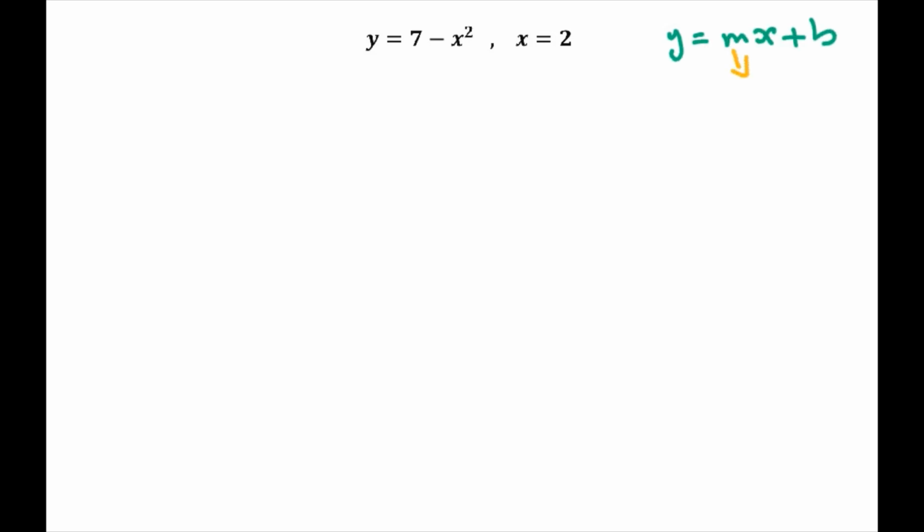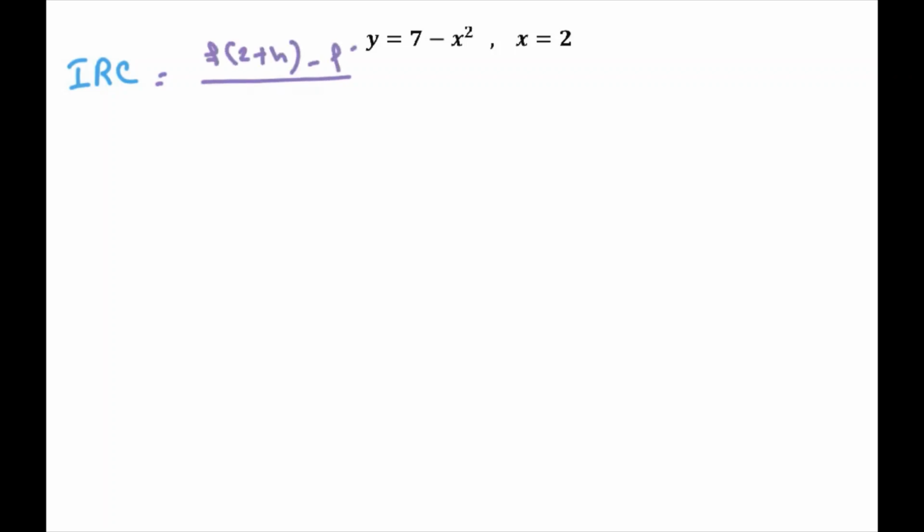M is basically the slope of the tangent, and the slope of the tangent is going to be the instantaneous rate of change. So we need to find the instantaneous rate of change of the function at x equal to 2: f(2 plus h) minus f(2) over h.